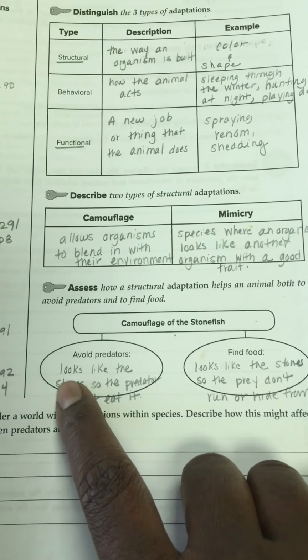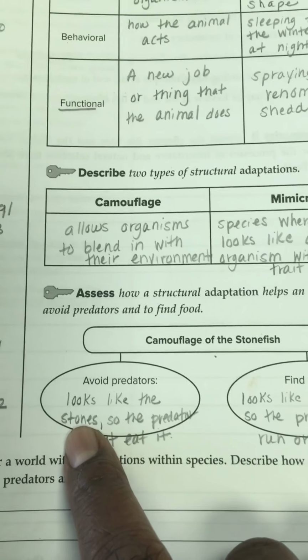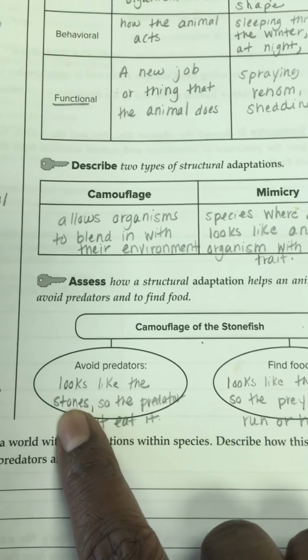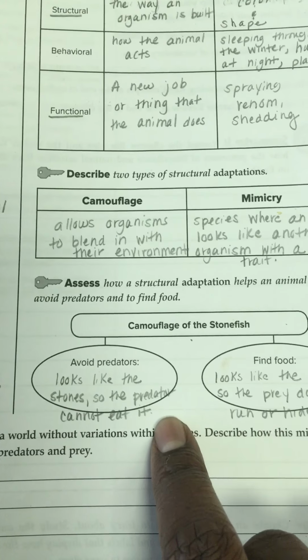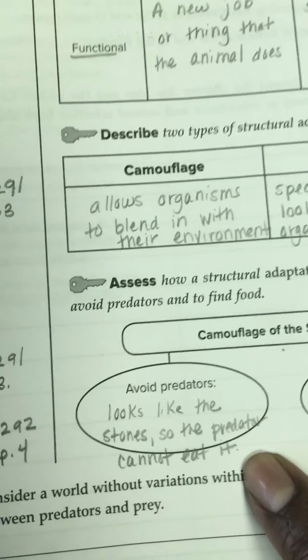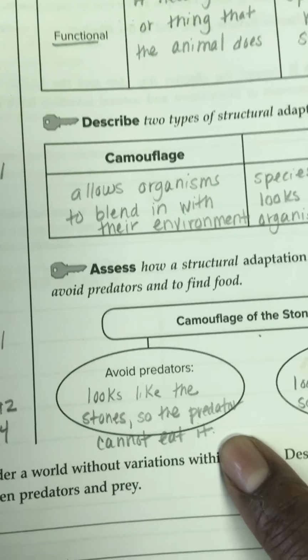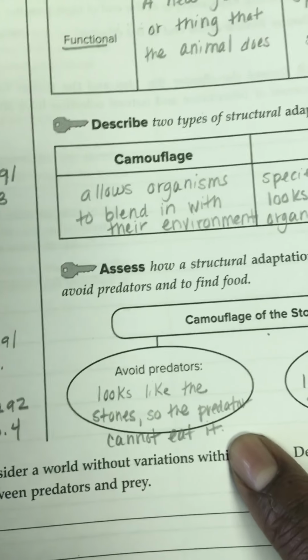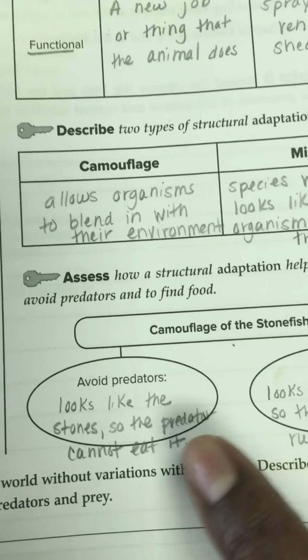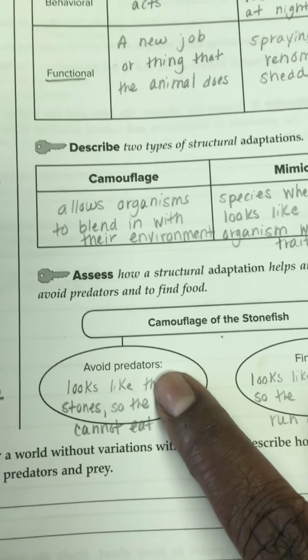But the stonefish looks like a stone. It looks like the stones that are on the bottom of the ocean. That's its environment. So predators cannot eat it because a predator wouldn't eat a stone. The animals that eat a stonefish don't want to eat stones. So if I look like a stone, it won't eat me because it can't tell the difference between me being a stone, so I can stay away from predators.